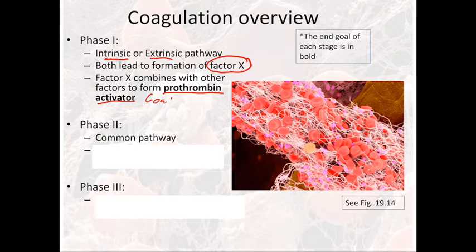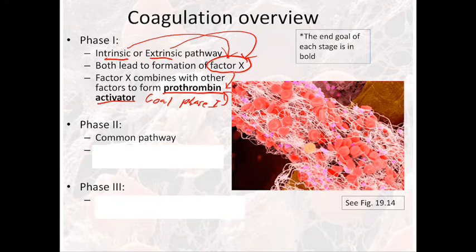So the end goal of phase 1 is to create prothrombin activator. Again, both the intrinsic and extrinsic pathways lead to factor X, and after that, factor 10 leads to the formation of prothrombin activator.